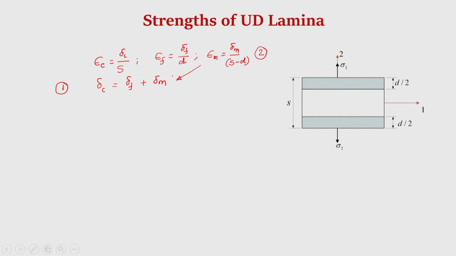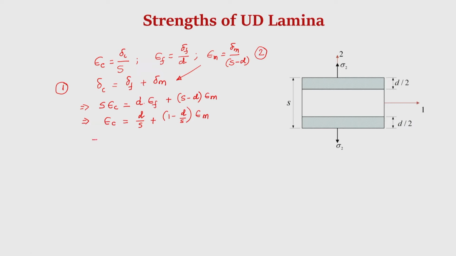If we put this 2 here, we get delta c is equal to S epsilon c, delta f is equal to d epsilon f, and delta m is equal to S minus d epsilon m. So, dividing both sides by S, we get epsilon c is equal to d by S epsilon f plus 1 minus d by S into epsilon m.